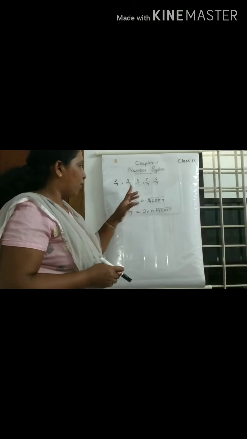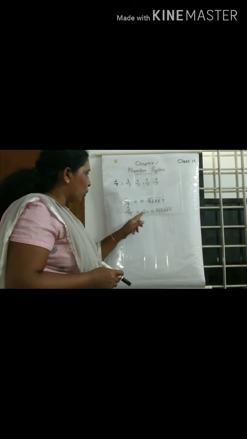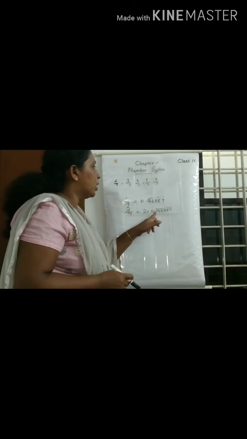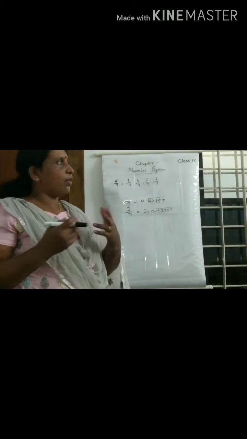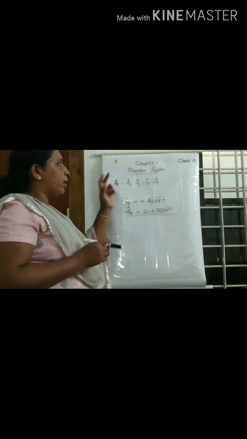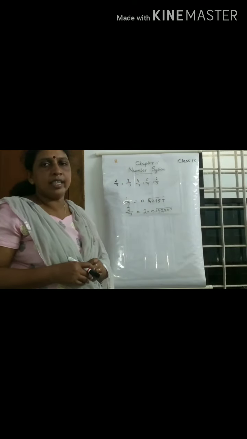So first we have done 1/7. Then 2/7 is equal to 2 into 0.142857. In the same way, we can find 3/7, 4/7, 5/7, 6/7. Understand?